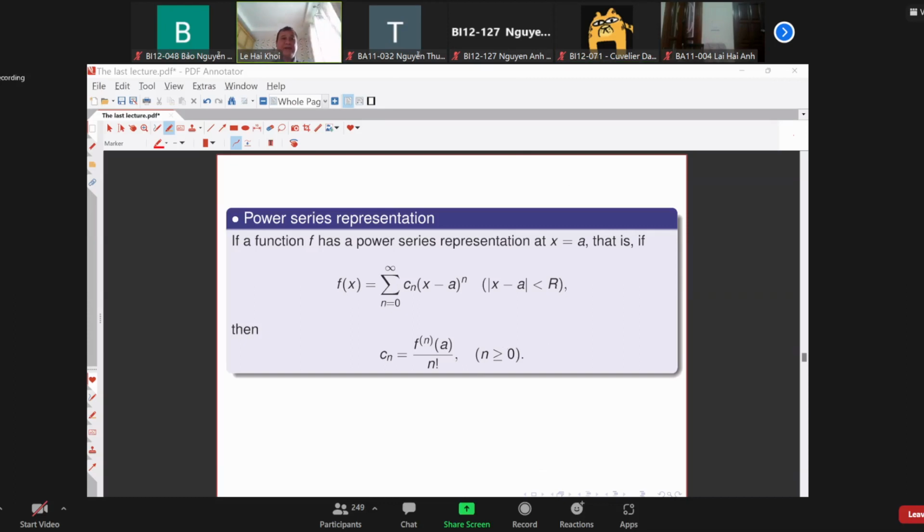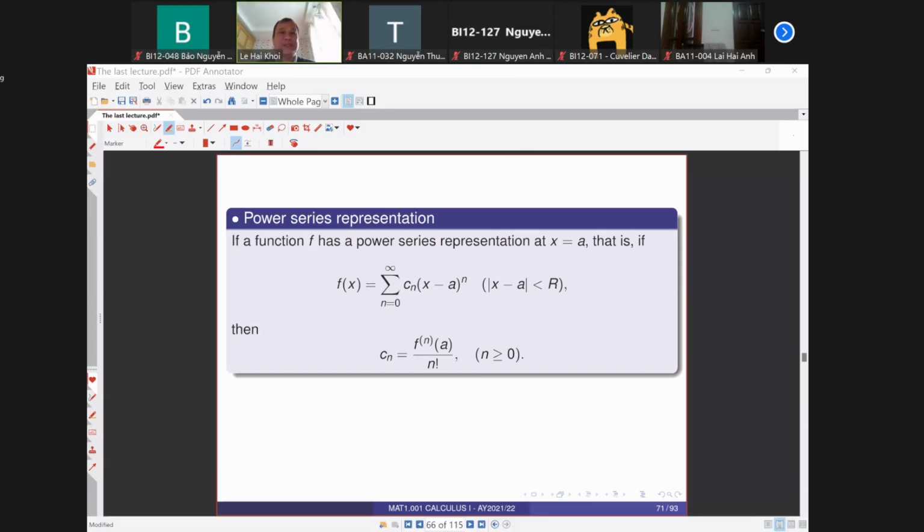So after having the properties of power series, especially the two important properties of term-wise differentiation and term-wise integration, now you have the following result. Also interesting.